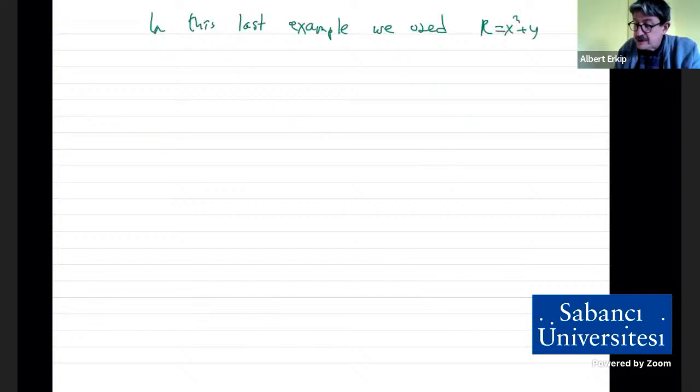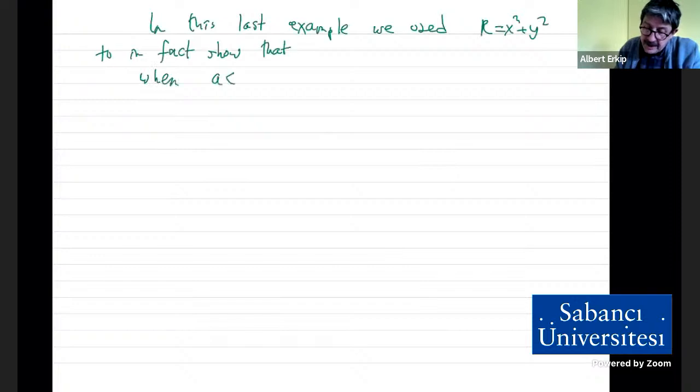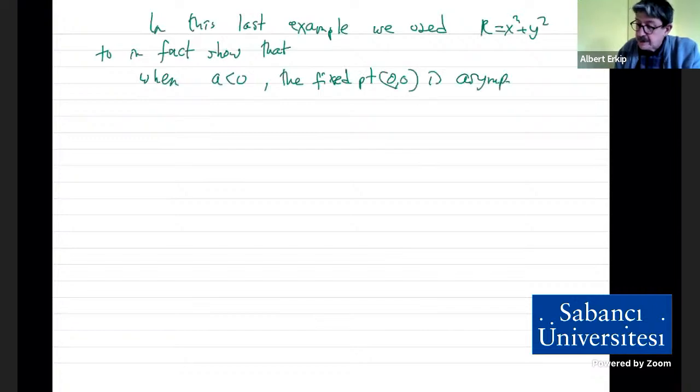In this last example, we used the function r, which is x squared plus y squared, to in fact show that when a is negative, the fixed point (0, 0) is asymptotically stable.